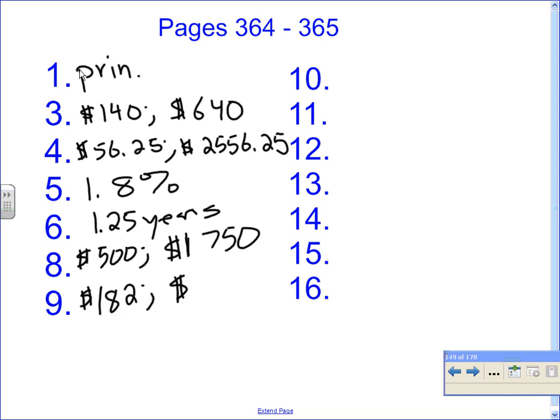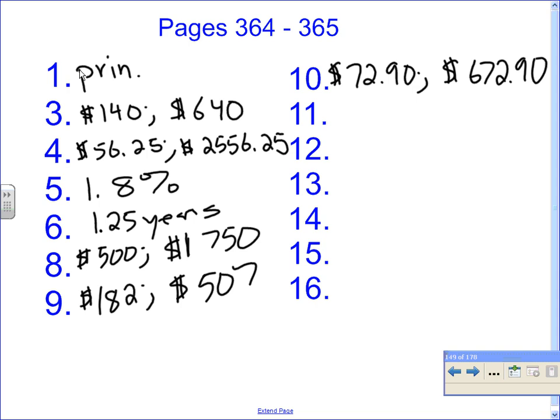Briar, number 10. Okay, did you do 11? Okay, you didn't do any of those? Okay. Sean, number 10. Yep. I know. Perfect. Annalise, number 11. Perfect. Number 12, Doug.